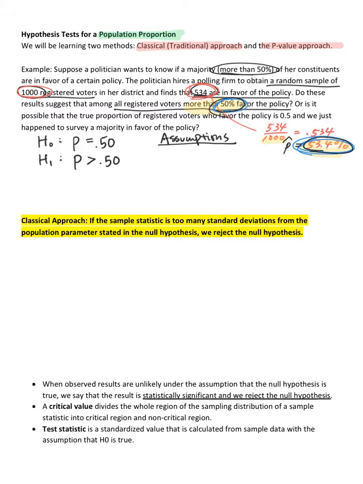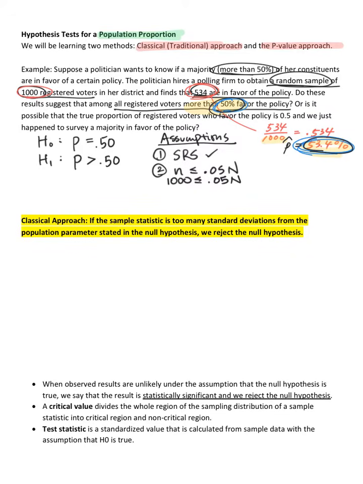All right, so first, SRS. The sample is a simple random sample. It says a random sample right here, so that is good enough. Check. Number 2. The sample size is less than or equal to 5% of the entire population. The sample size is 1,000. Is it less than or equal to 5% of the entire population of all registered voters in her district?